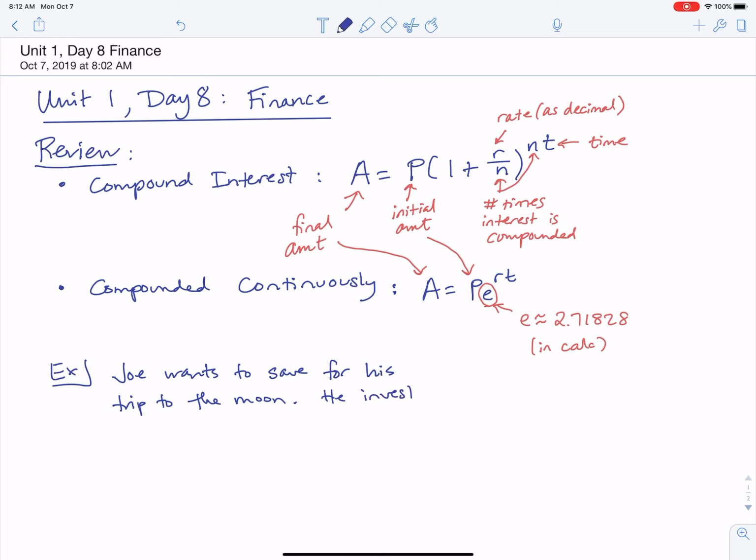He invests $1,000 into an account that pays 3.25% compounded monthly.